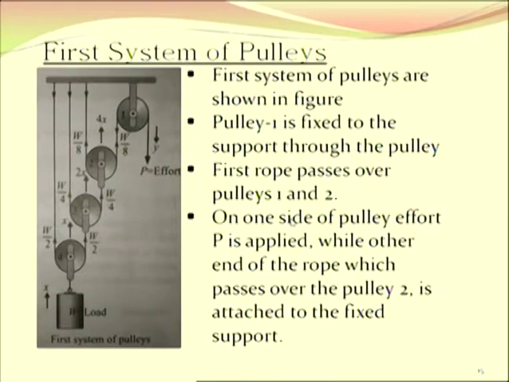On one side of the pulley, effort P is applied. So here it is shown that P is the effort, and displacement of effort is Y. While the other end of the rope which passes over pulley 2 is attached to the fixed support. So the other end is passing through and fixed at top.